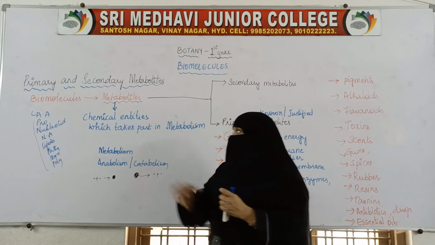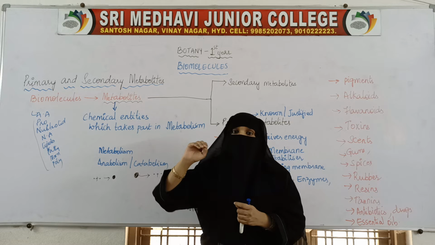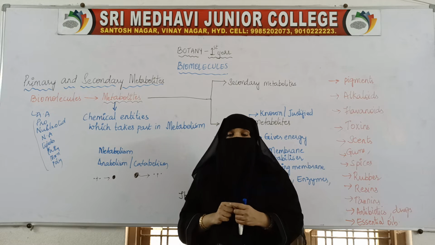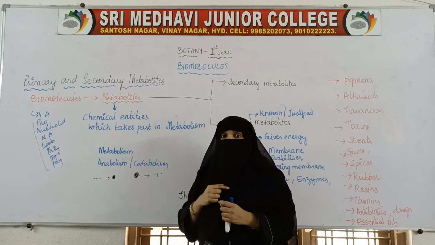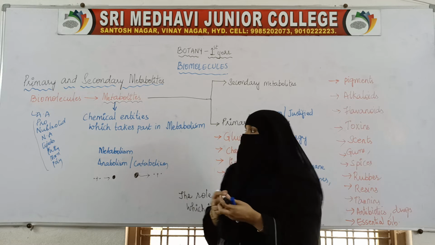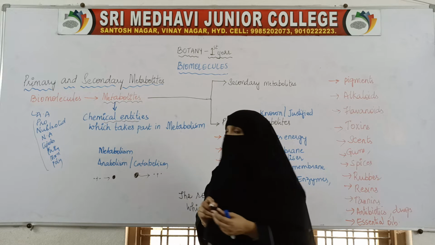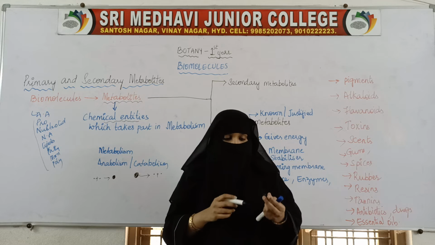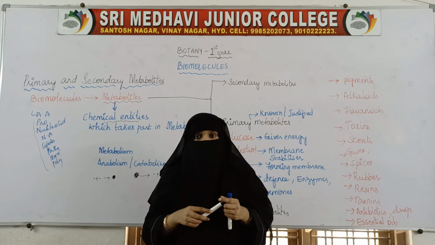The substances which help in metabolism are called metabolites. When we give a definition, metabolites are nothing but chemical entities which take part in metabolism, that is, the chemical substances which help in the process of metabolism.